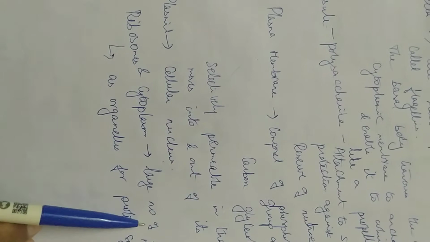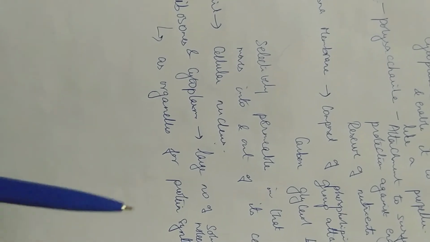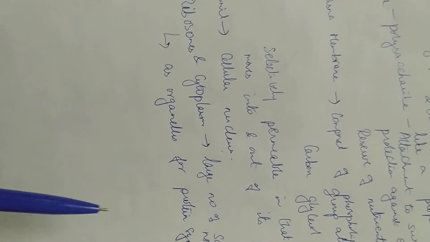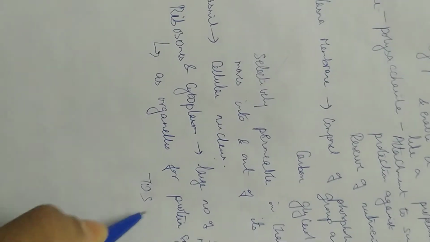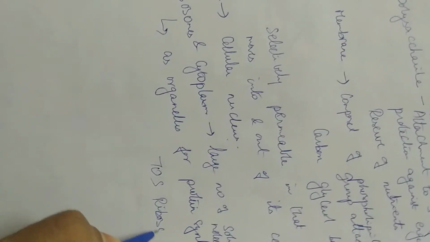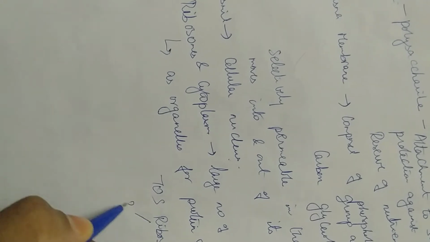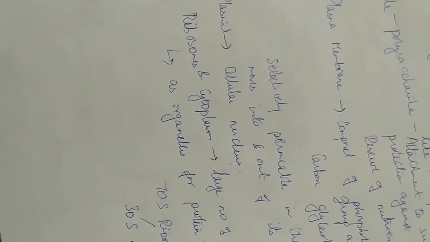The cytoplasm has the RNA and approximately 20,000 ribosomes per cell. Bacteria usually have 70S ribosomes, which comprise 30S and 50S subunits.